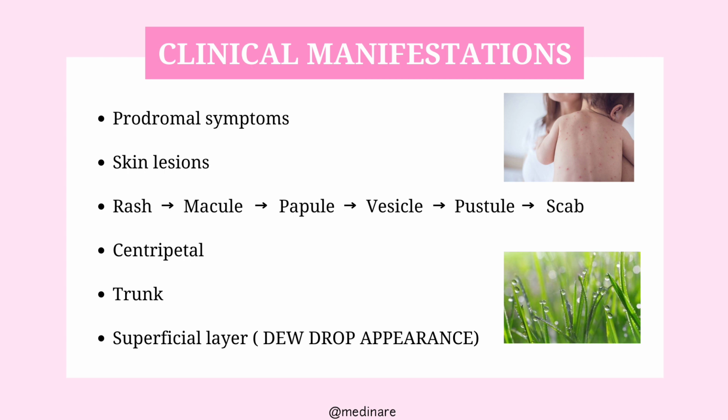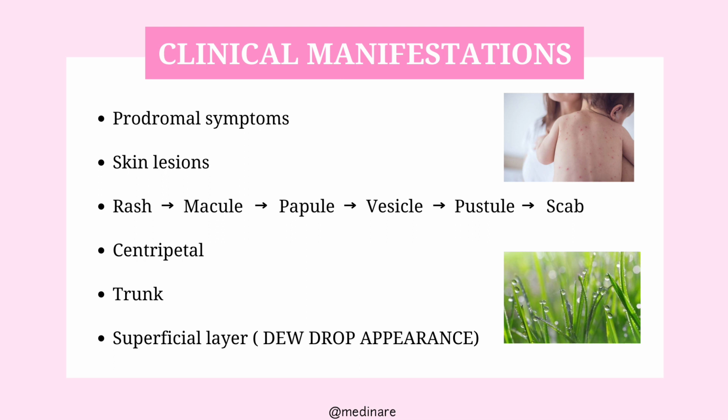And they have the clinical skin lesions, which begin as a rash, and it shows multiple forms like macule, papule, vesicle, pustule, and scabs. So it is centripetal in nature, which means it usually starts on the face and the trunk, and then it spreads rapidly to involve all the flexor surfaces, but it usually spares the distal surfaces.